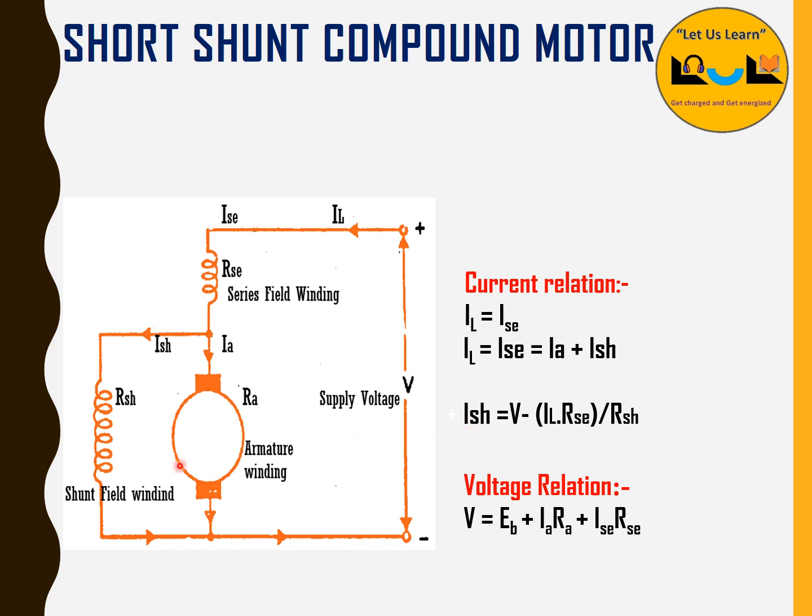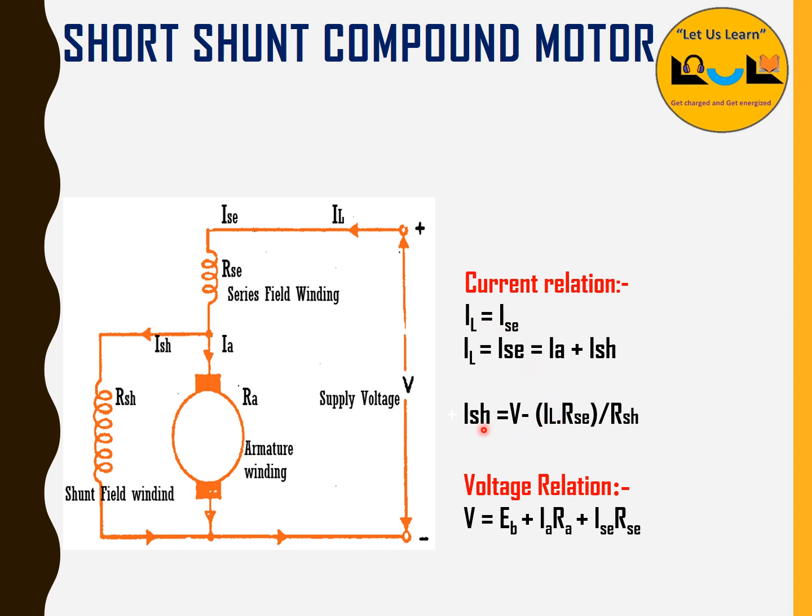And then ISH, if you want to find the current separately for the shunt field winding, ISH is equal to the total voltage V minus IL or ISE into RSE, that is the voltage across the series field winding. Since IL is equal to ISE, I can write this as ISE or IL.